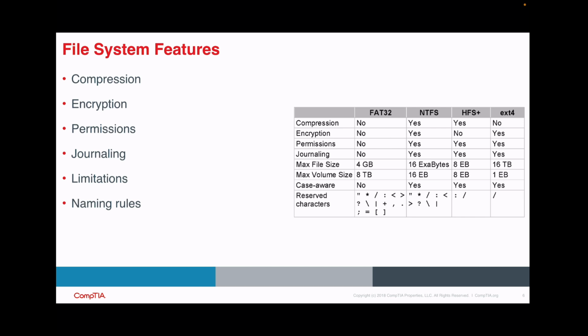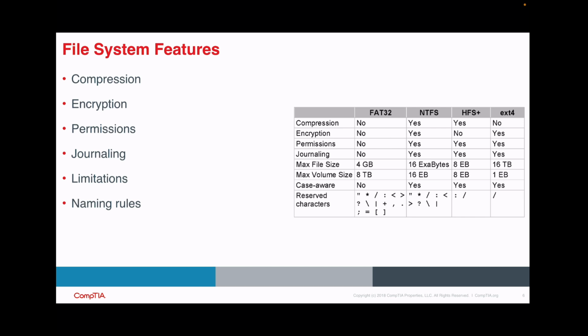Are there certain characters that we can't use? And then how we name things, okay? So on NTFS, HFS, and ext4, it is case aware, which means if we create a photo called llama with a capital L, it's going to be different than the llama with a lowercase l. Those are 2 different files, okay?